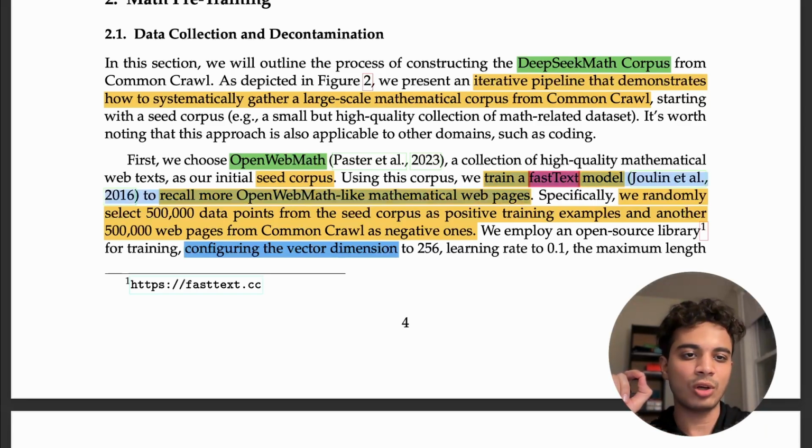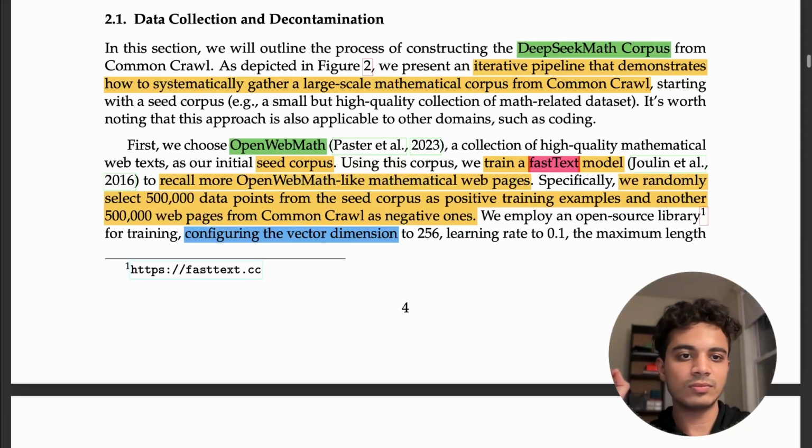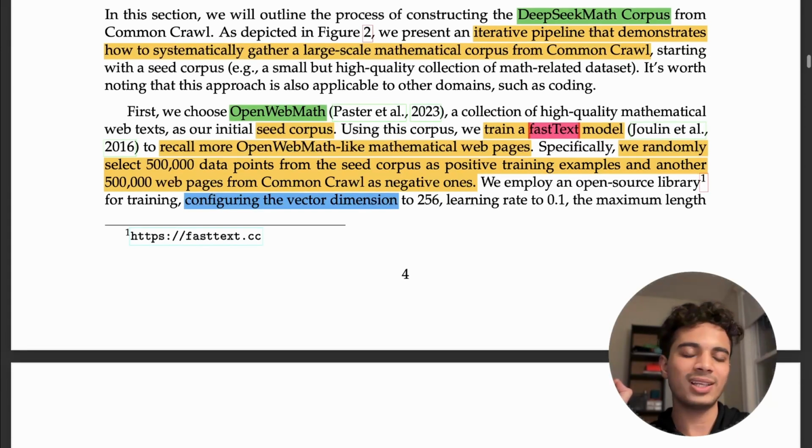So it just collects a lot of web pages which are similar to OpenWebMath. Then they randomly select 500,000 data points from the seed corpus, that is this OpenWebMath, as positive training examples, and another 500,000 web pages from Common Crawl as negative ones.